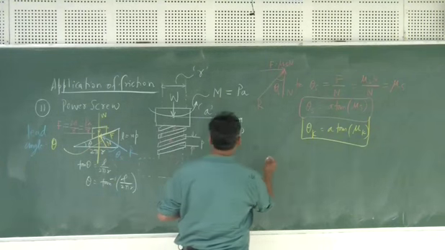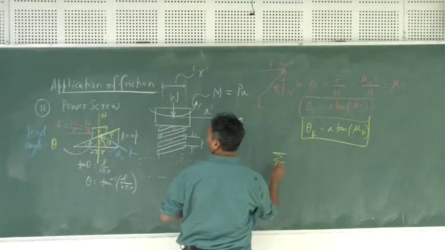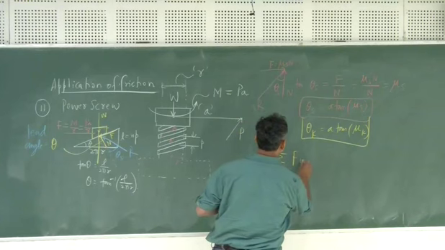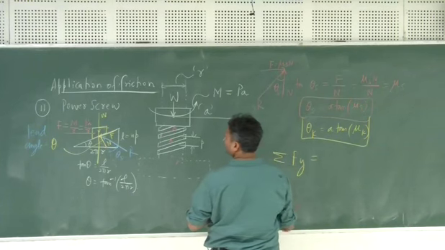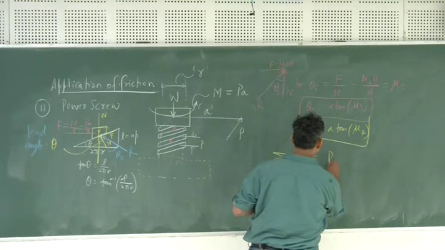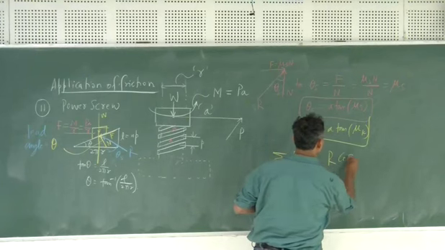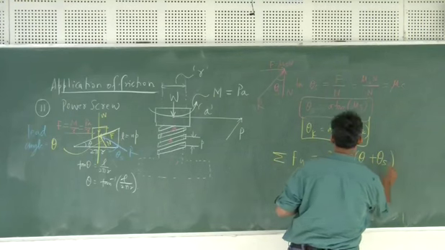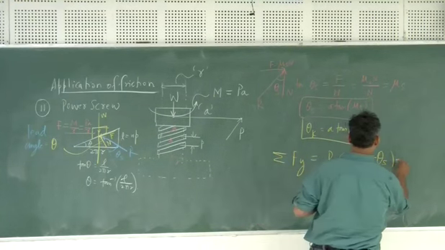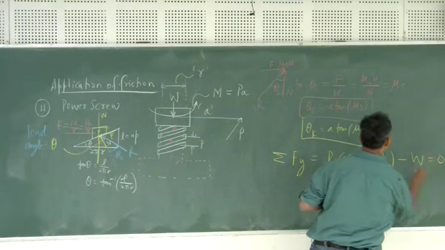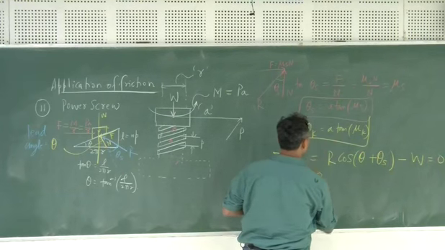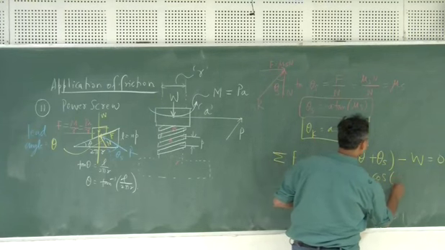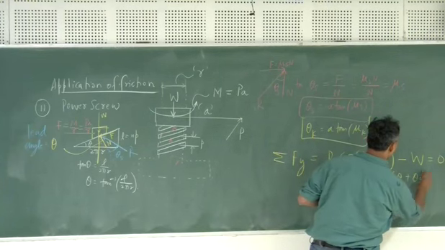So for the force F, writing down the summation of Fy, this will give you R cos of theta plus theta s minus W equals 0. It means that your W will become R times cos of theta plus theta s.